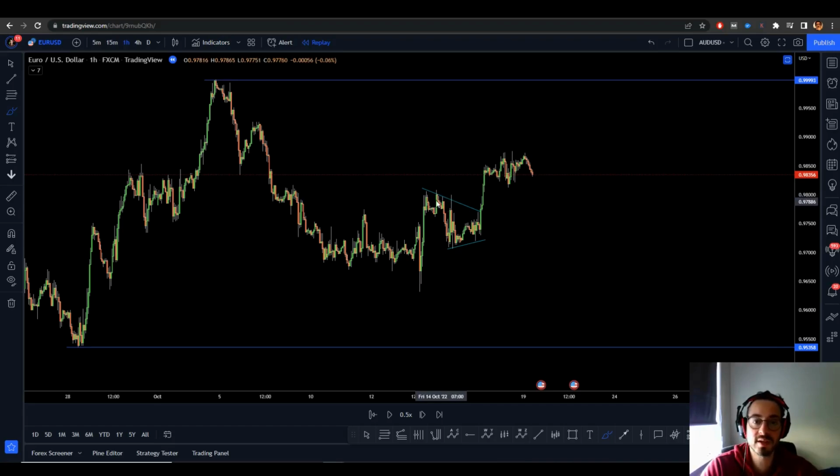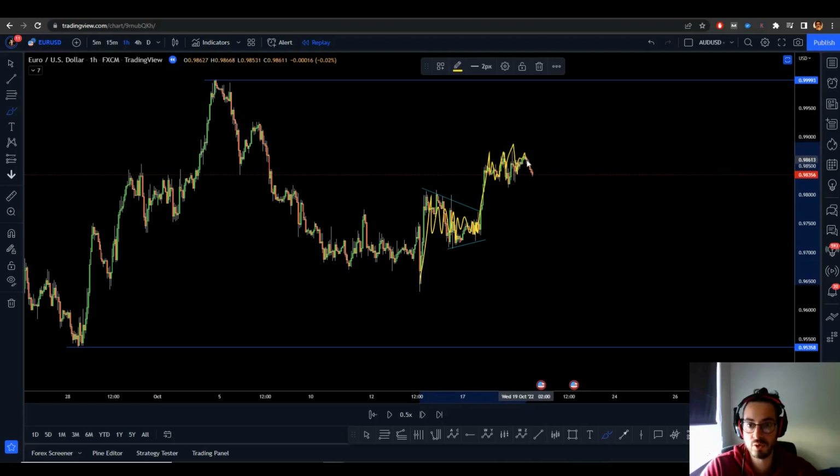There's no such thing as perfect looking patterns. But when I see something like this, this is clearly looking like a distribution, because we're not really going anywhere. We popped up, popped up, and then we came up, nope. We came up, nope. And we came up again, nope.